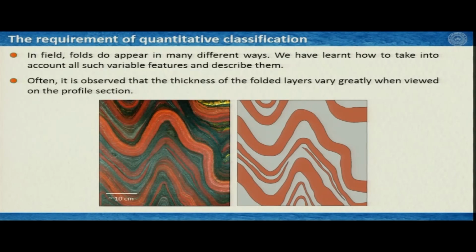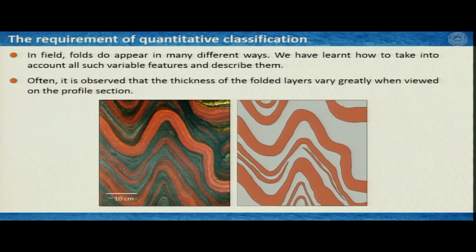But if you remember, I also said, when I was showing the different classification schemes, that all of them were very much qualitative classifications, some sort of descriptions of their different orientations and so on. None of them has any idea or parameter to quantify the folded structure, be it morphology, geometry, or something else.